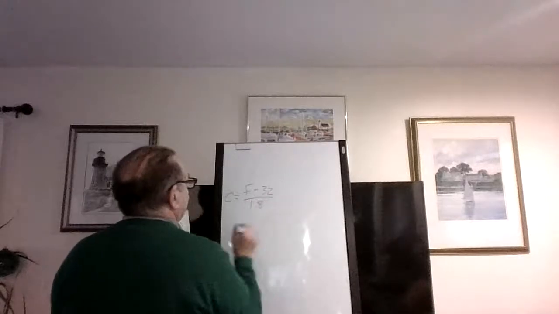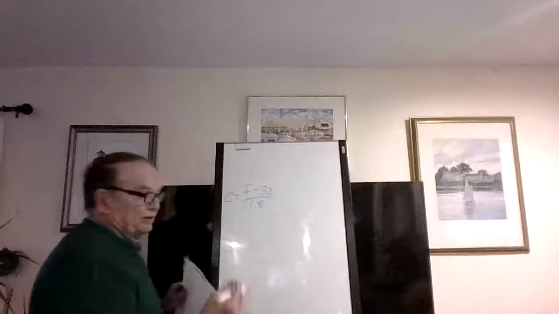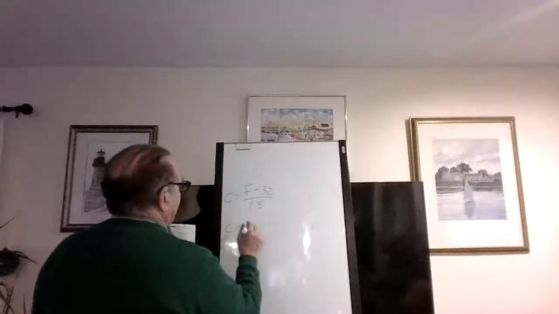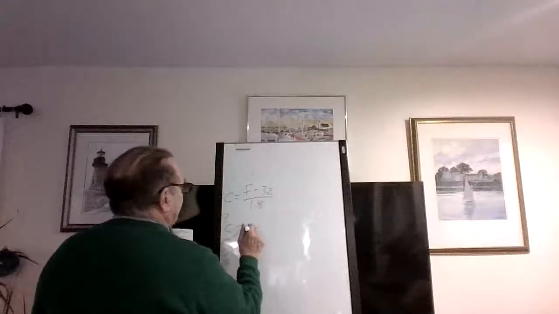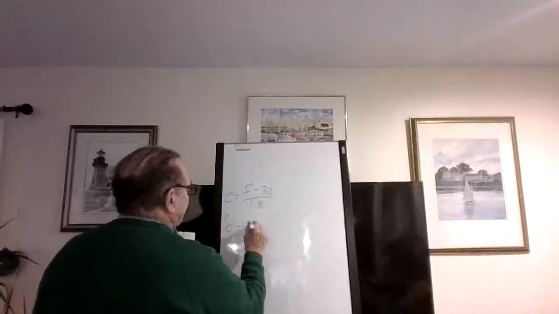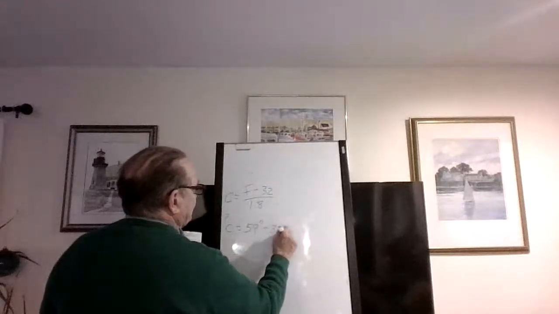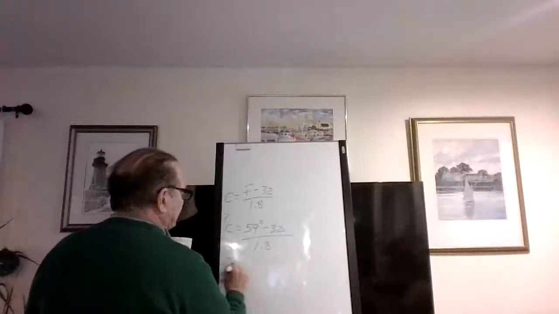These are constants, all right? So let's say that the Celsius is usually less than the Fahrenheit, right? C equals, we're looking for C, right? That's what we're looking for. Let's say the Fahrenheit is 59 degrees minus 32, just a constant, that's all it is, divided by 1.8.